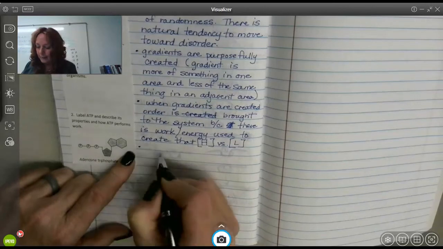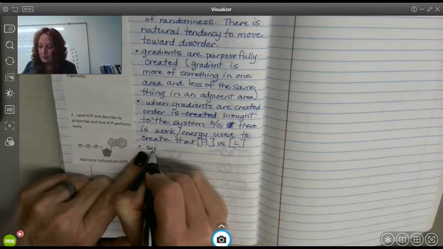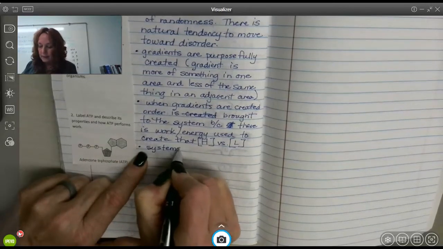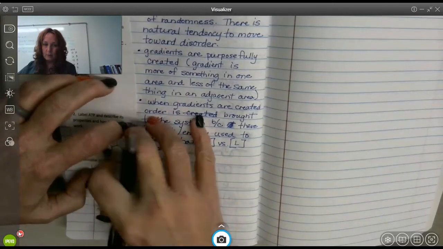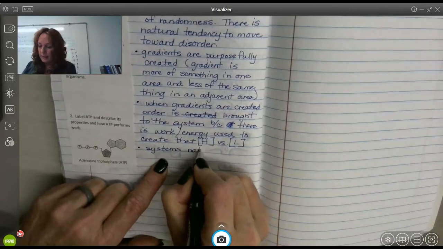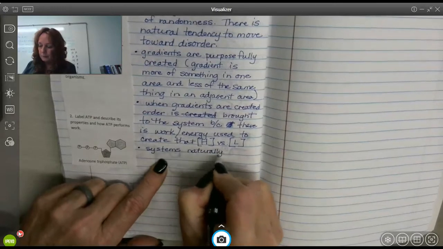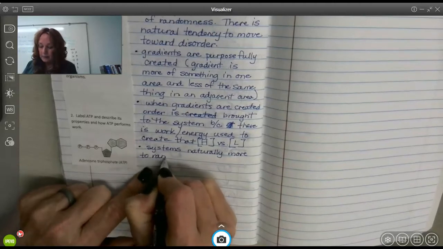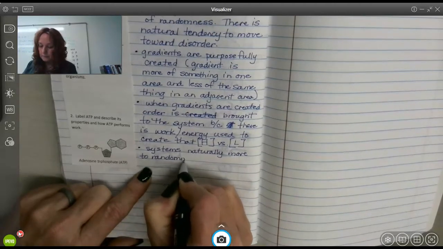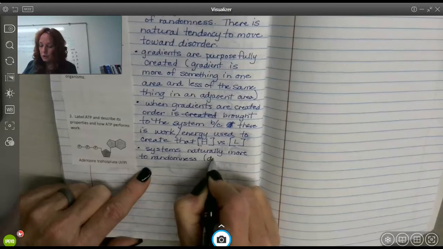So we'll put that. So we'll put systems, which would be what this is, a compartment with high adjacent to a compartment with low. Systems naturally move to randomness, which is disorder.